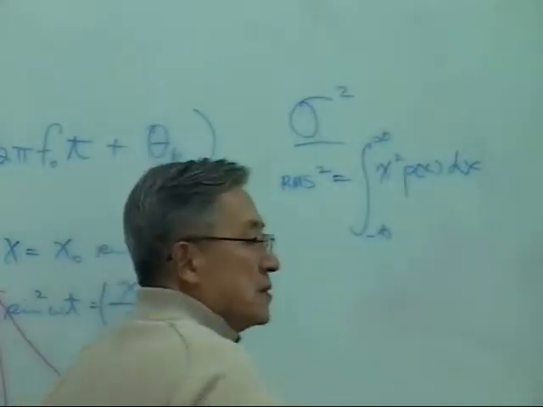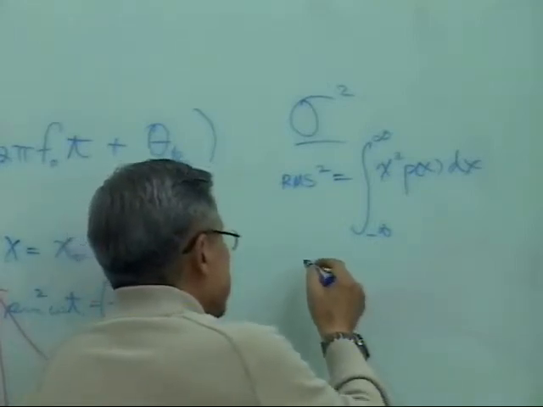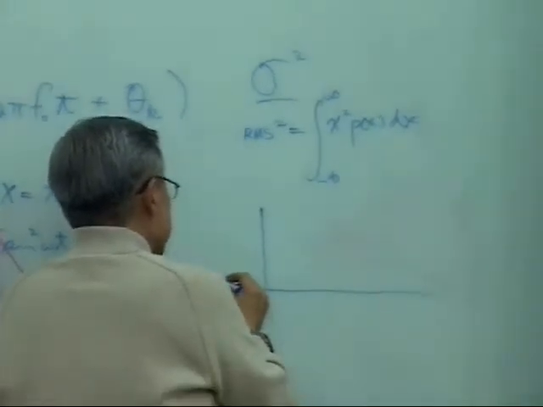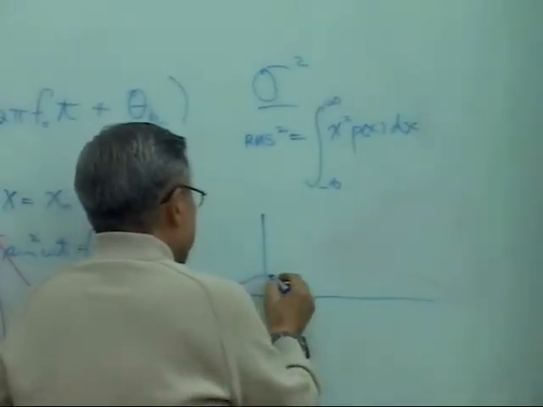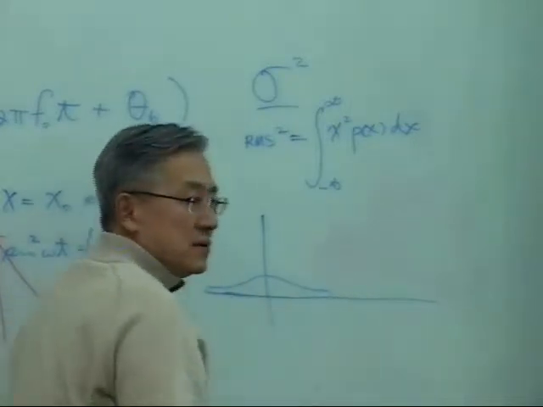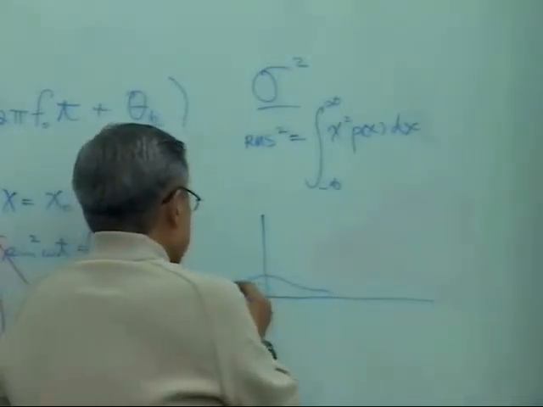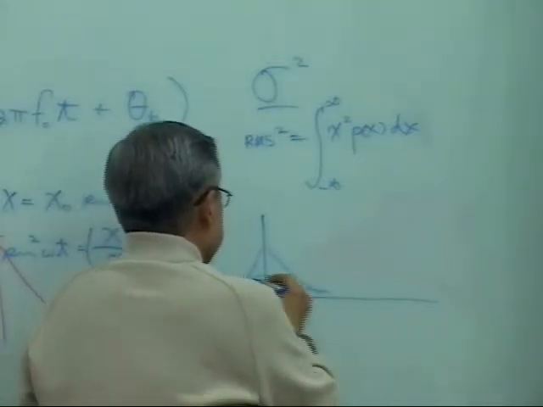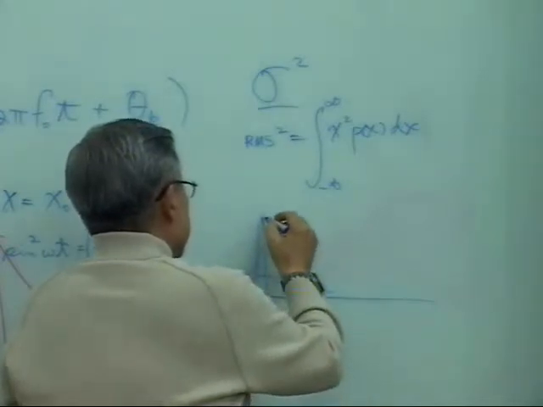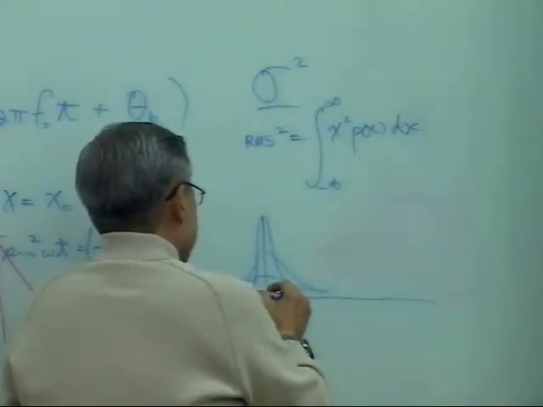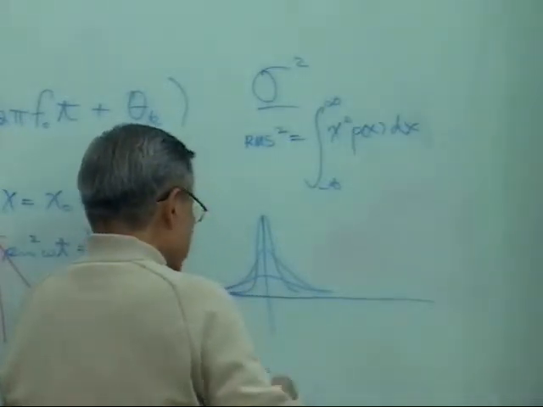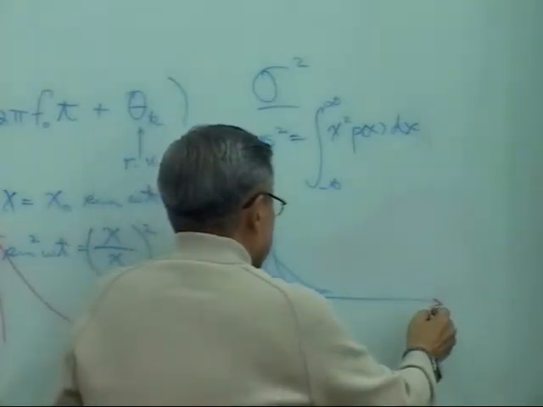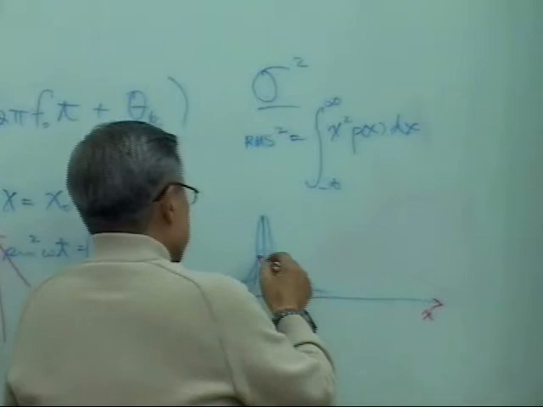Where do you apply this? If I just give you the probability density function, like this, the area under it is 1. For some other steel, the yield stress could be like this. Others are like this. For some good material, the yield stress is like this.